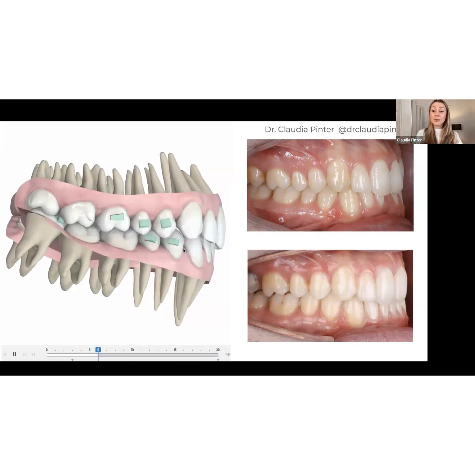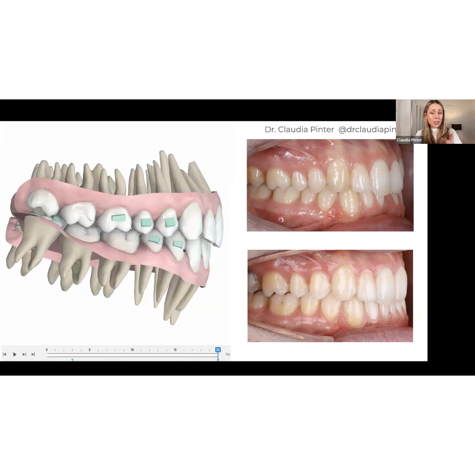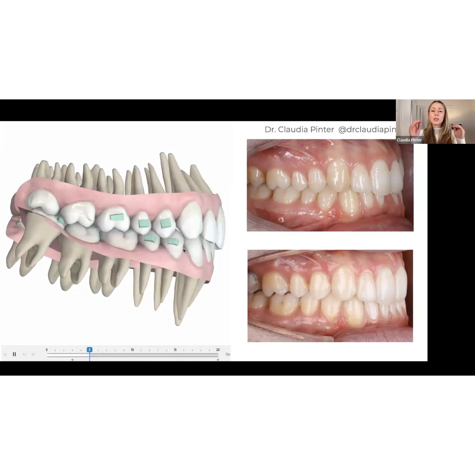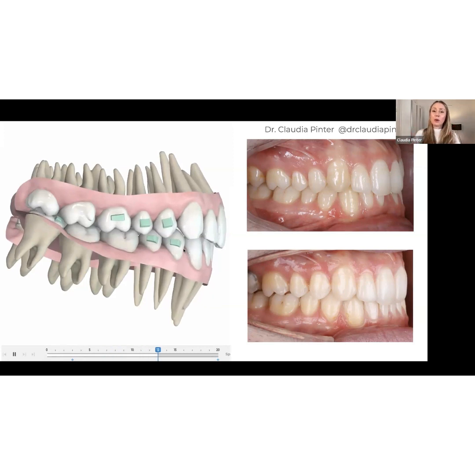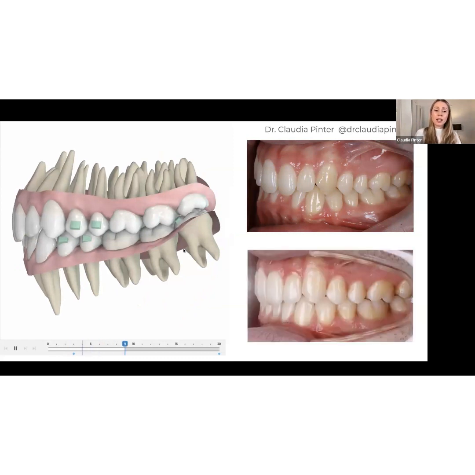Class 1 was maintained. And the lower incisor intrusion was achieved through the assistance of the bite ramps in uppers, and what is most crucial, with the attachments in lower premolars. So here you can see it again, just from the upper side, from the left side.